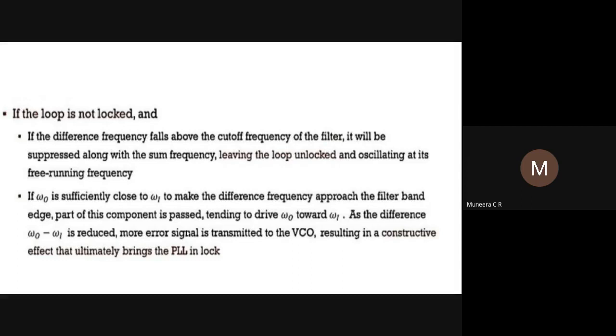If omega 0 is sufficiently close to omega I so that the difference frequency approaches the filter band edge, a part of this component is passed, tending to drive omega 0 towards the incoming signal frequency. As the difference is reduced, more error signal is transmitted to the VCO, resulting in a constructive effect. It is actually a negative feedback, which brings the PLL into lock.